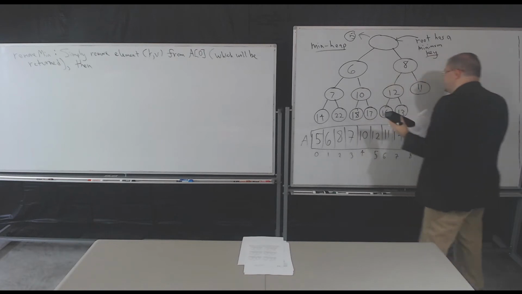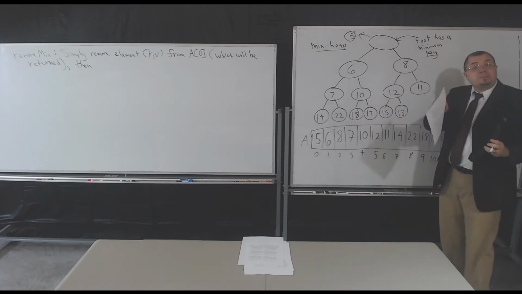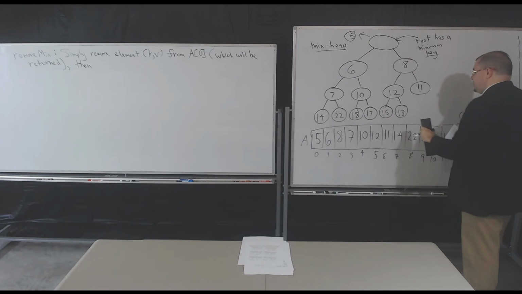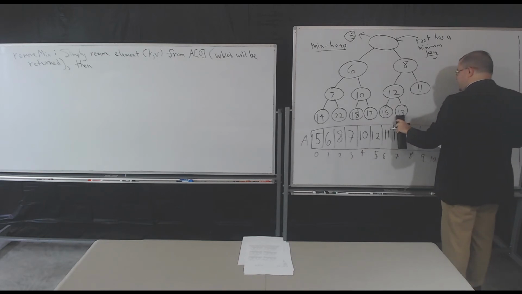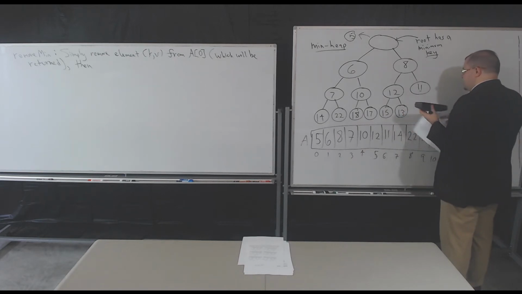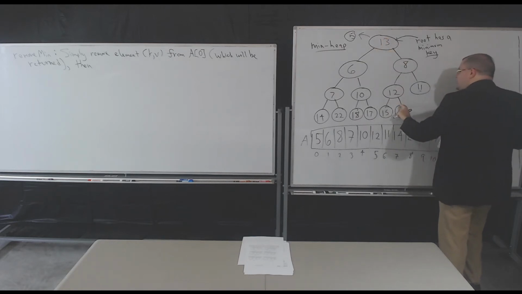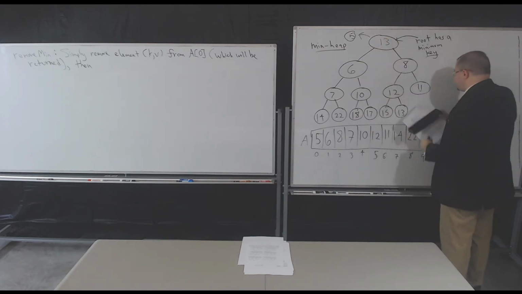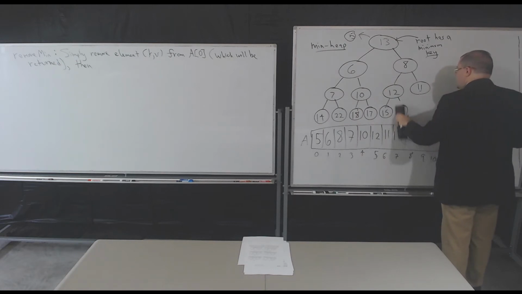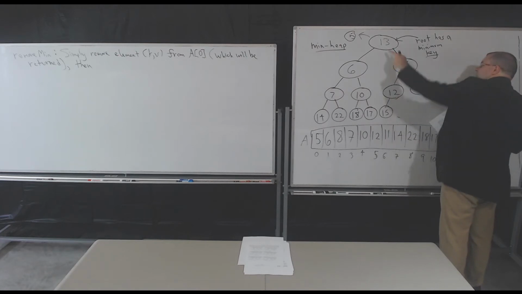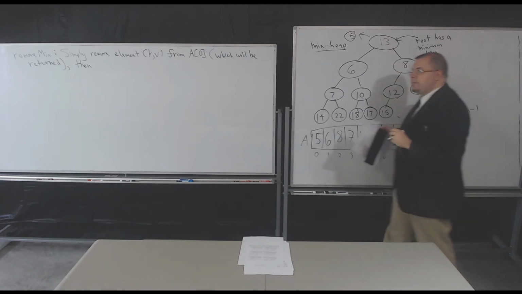So what am I going to do? I want to maintain the shape of the heap. So all I'm going to do is take 13, take its contents down here, and put it up in the root. Now we have a bit of a problem.